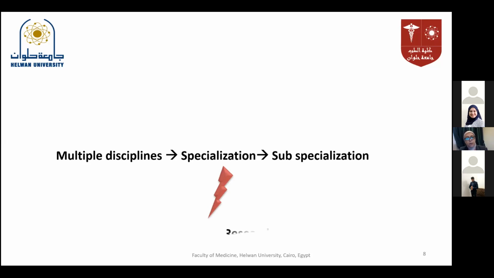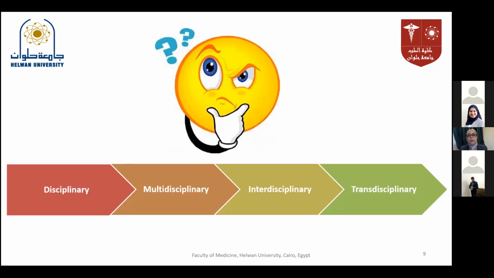Is this true? Or is there a major change occurring now? We had multiple disciplines in the past, then we went through history to specialization, and then sub-specialization. But now this is the era of interdisciplinary research and the interdisciplinary research project, and that's what we are coming to explain now.